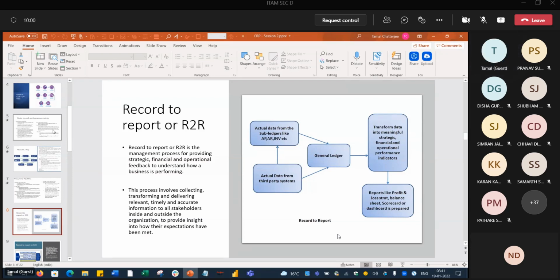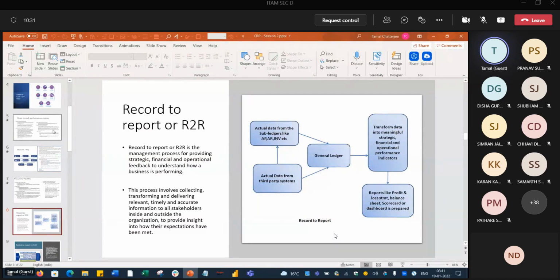So OTC and P2P are basically the foundation of any company, and this process has been automated through ERP in many companies. R2R is another one which has to be there. R2R stands for record to report. Record to report. This is basically the finance.